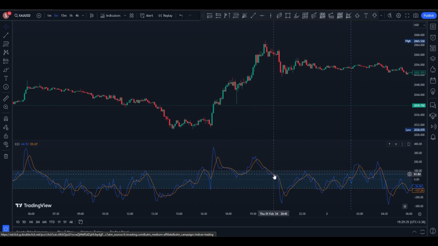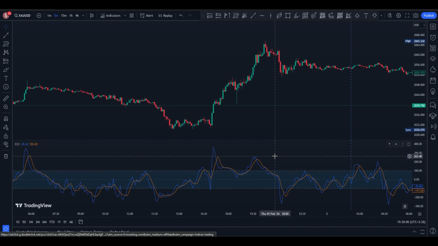And if this smoothing line crosses over the CCI line, we can enter for a short trade, but it should be in the middle of these. I mean, it's lower than the 100 line.